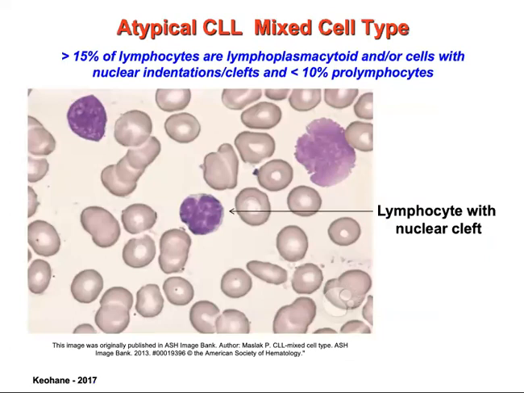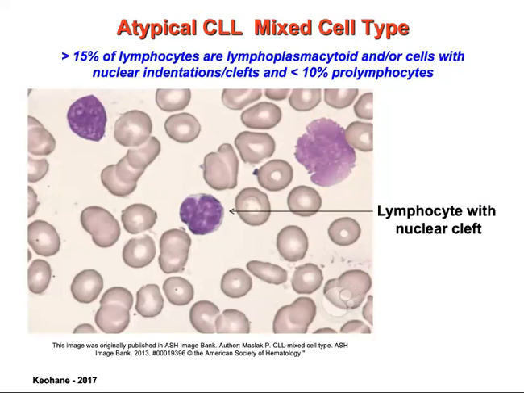Okay, so typical CLL is the most common. It's seen in about 75% of the cases. In 25% of the cases, CLL is seen as atypical CLL. Okay, so it's kind of a mixture, right? Atypical CLL is a mixed cell type.